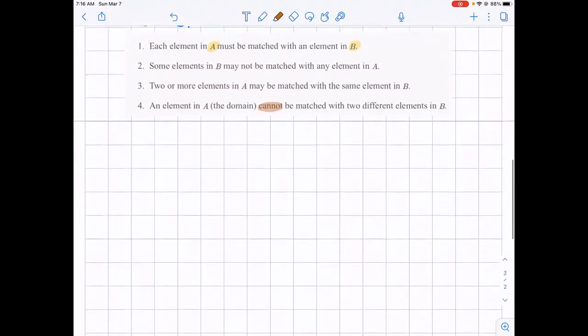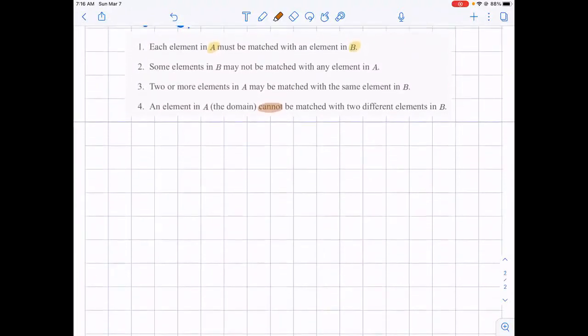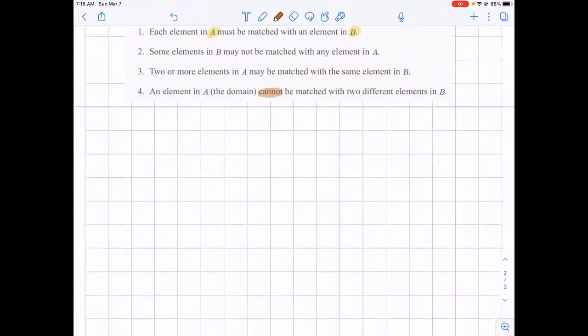So if we look at a different scenario, okay, or different ways to represent a function, there are many ways a function can be represented, okay? So let's look at some of those ways.